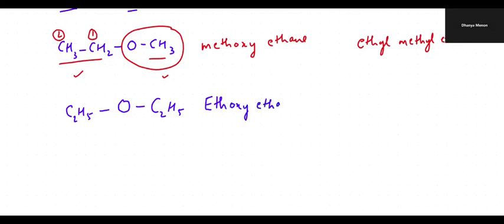And for common name, both are ethyl group, so diethyl ether. And sometimes for ethyl group, they use the term Et, like this also. So just to familiarize you with the terms. Okay. Coming to the next question.